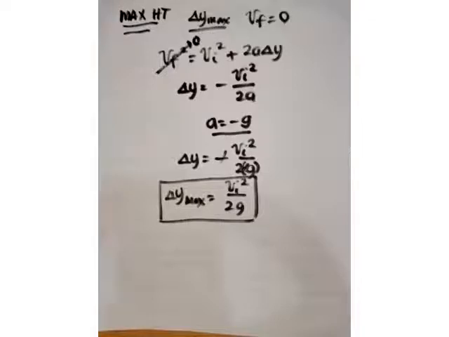Okay, so there is a question: sir, do we use the formulas if a is given and not 9.8 meters per second squared?